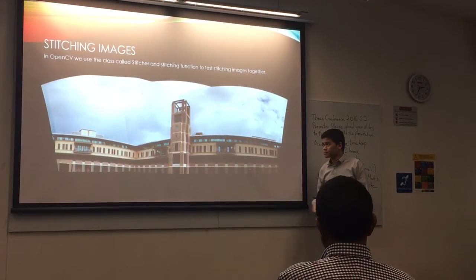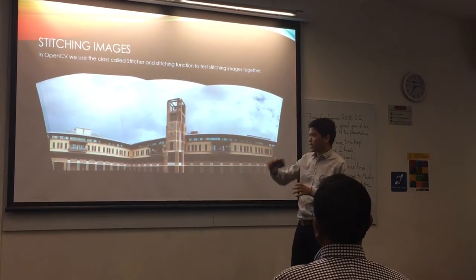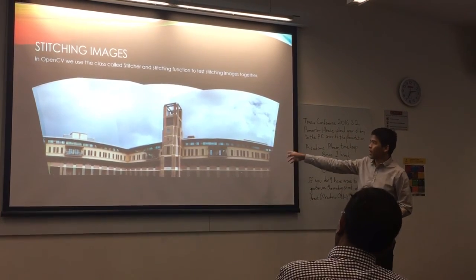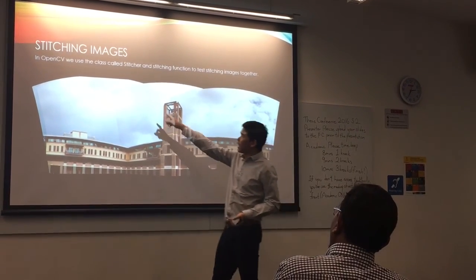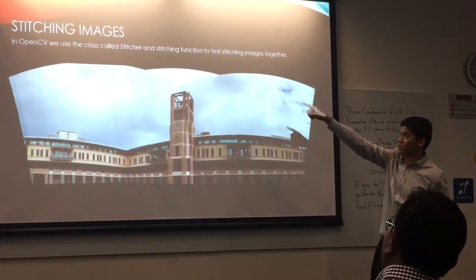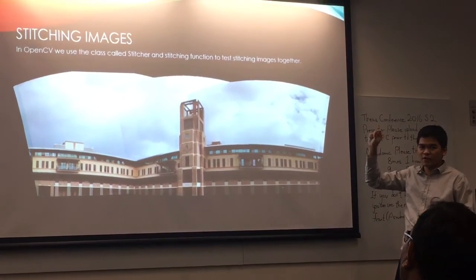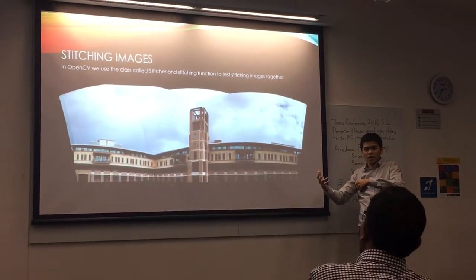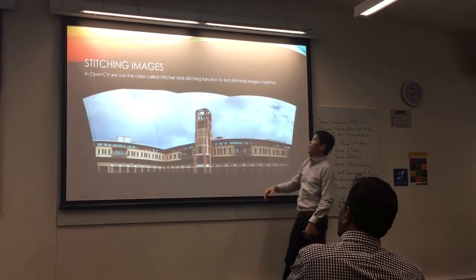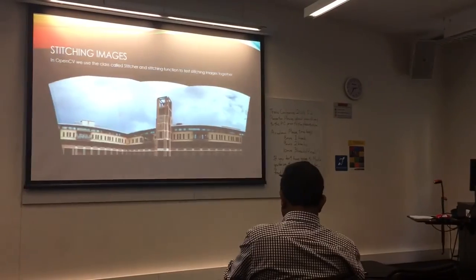To test it, I used my iPhone to take photos at different angles, and you can see how I stitched the images. In OpenCV, I use the built-in class called Stitcher and its built-in functions. I'm not writing them myself. I use that to stitch these photos, and I tested at different resolutions as well.